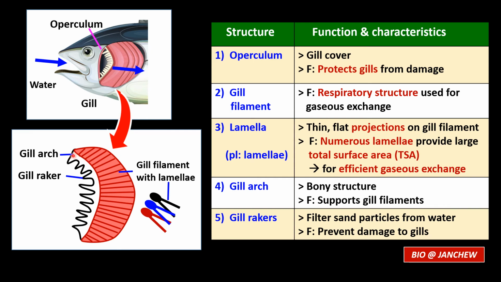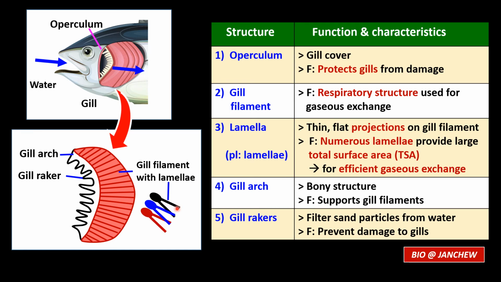So this is the structure of the gills, and it is made up of 3 parts. The first part are the red structures called the gill filaments. There are numerous gill filaments, which are the respiratory structures used for gaseous exchange in the fish. And these gill filaments have projections on them called lamella.